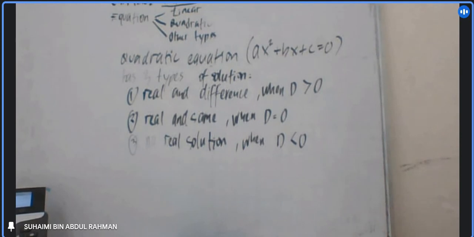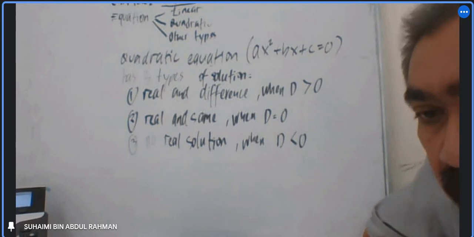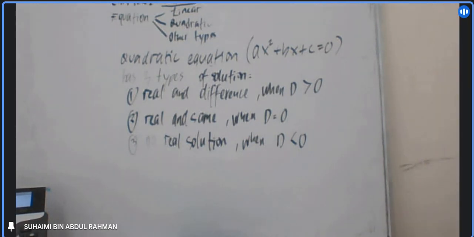When you calculate D, the discriminant, the value of b squared minus 4ac, and it is less than 0, we say that there are no real solutions. So, three types of solutions for quadratic equations.